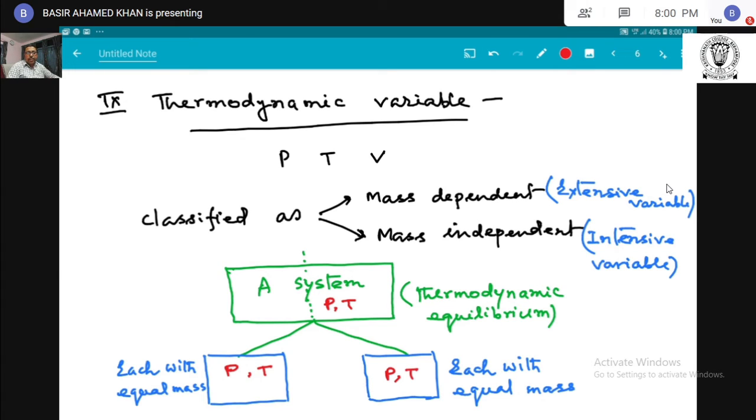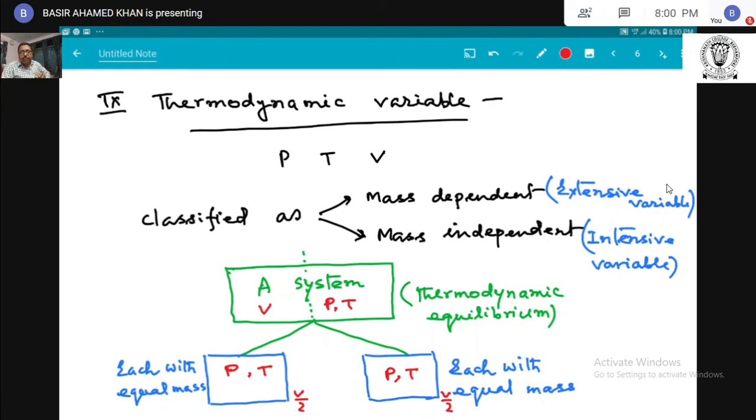But one thing is different. What is this thing? This is volume. If the volume here is V, then here the volume is V by 2, and here the volume is V by 2.